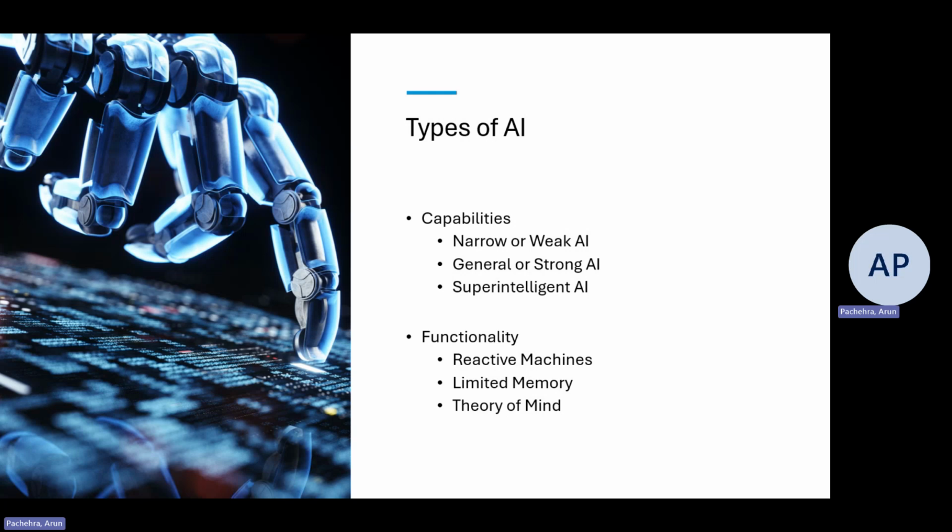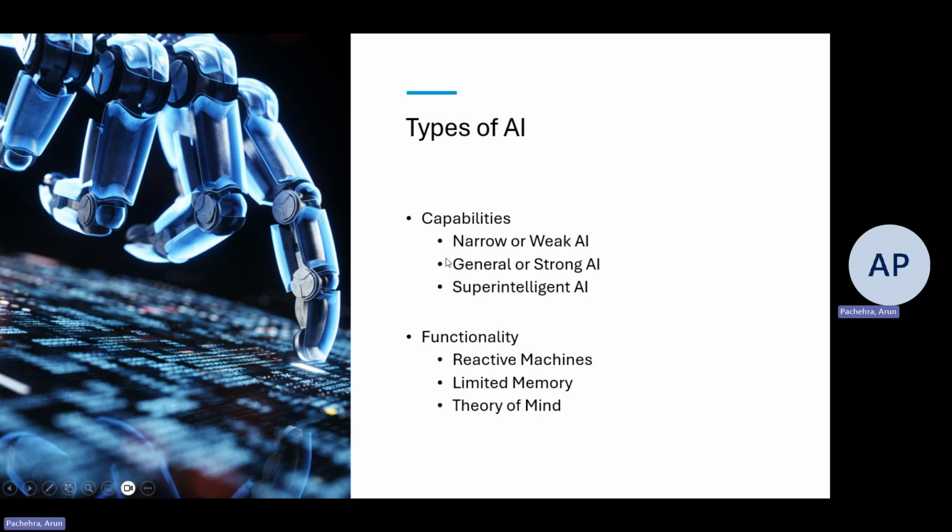Such an AI system can understand its current state, predict the feelings of others, and exhibit emotions. This type of AI does not exist currently.